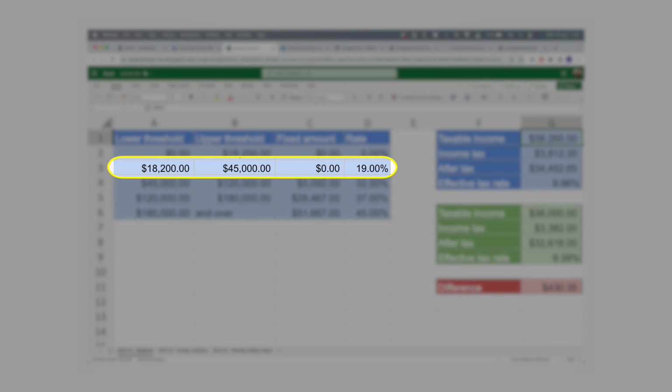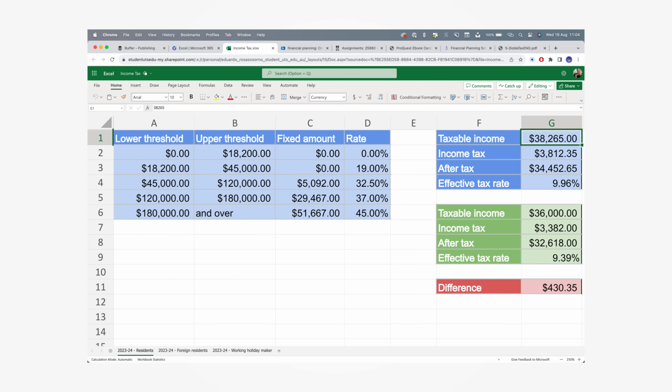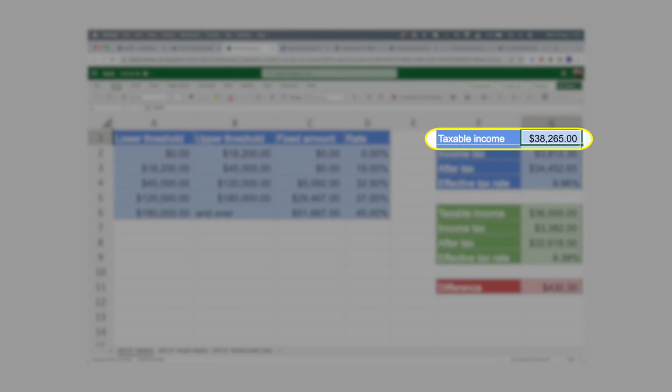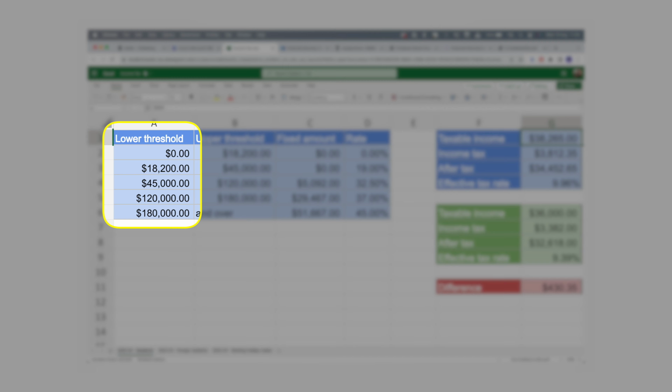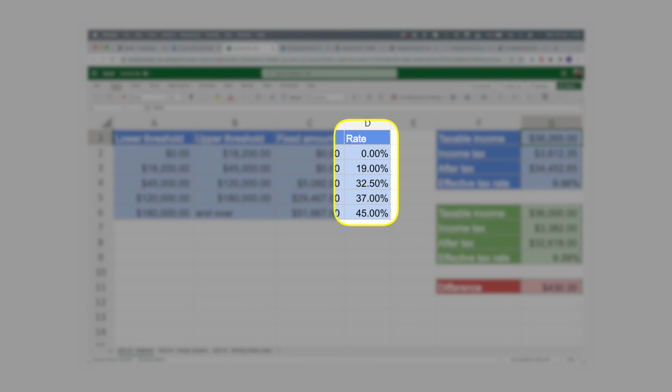In that case, you would pay 19 cents on that $18,201. So in any case, what you would do is take the amount of money that you made, your taxable income for the entire financial year, subtract the lower threshold that I am showing in this table, and multiply that difference by the rate.